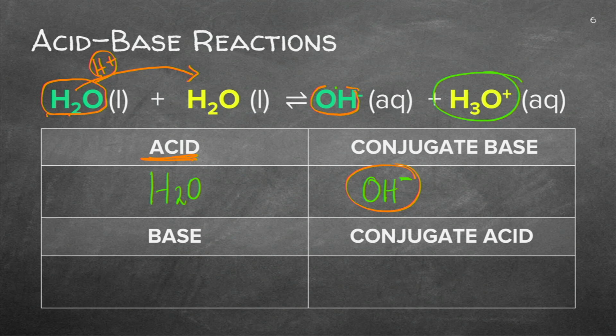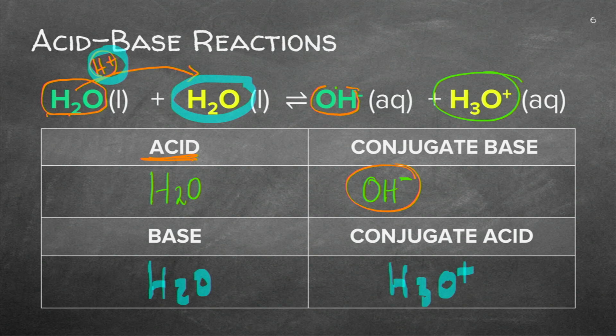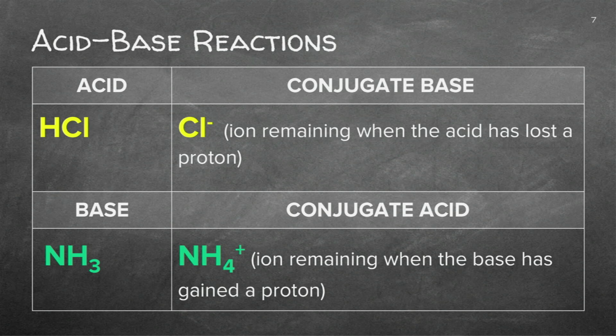It is the remaining part of the acid. Let's have a look at the base. Can you see I've got here H2O accepting that H plus. So the H2O, the yellow one, is the base, and the conjugate acid is then the H3O plus because it's now what it becomes.